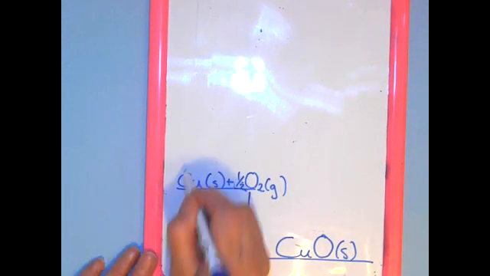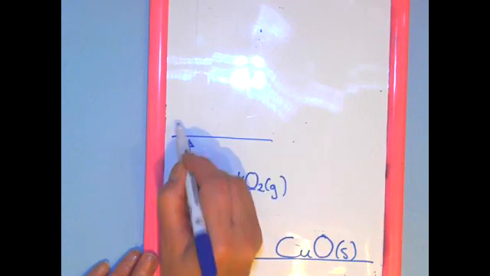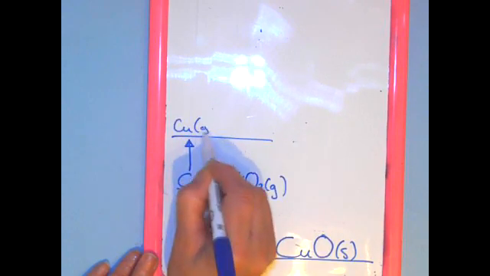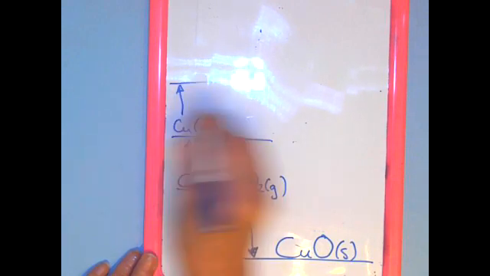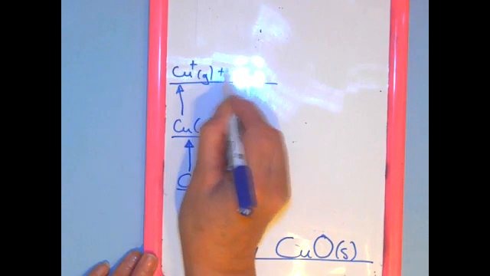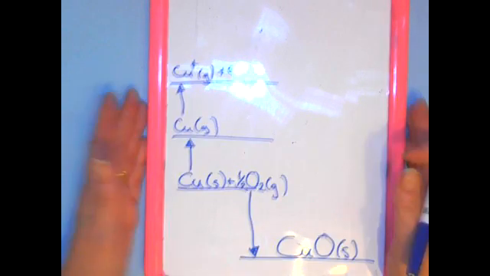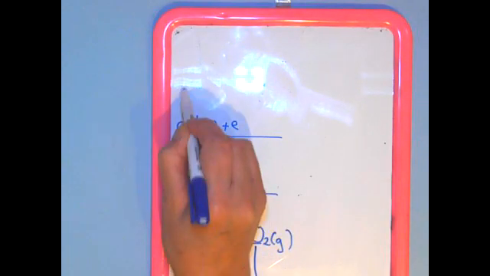Let's go here. So we're going to atomize the copper. So there's copper as a gas. We are going to take an electron off copper. So Cu+ as a gas, and there's the electron. We're going to take a second electron off copper.